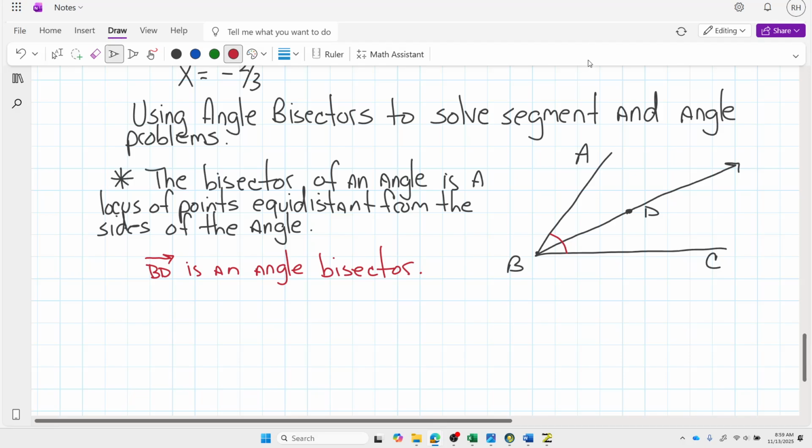Then on the top of the next page, 327, there's an angle bisector theorem.